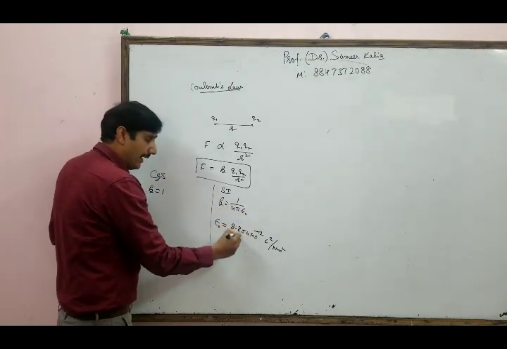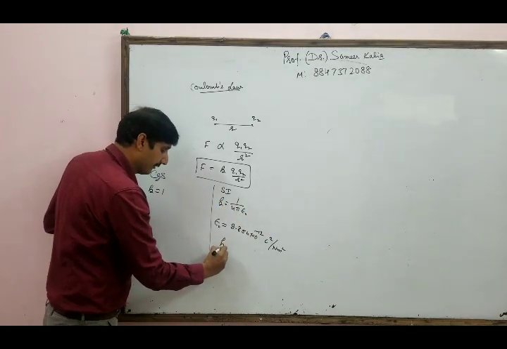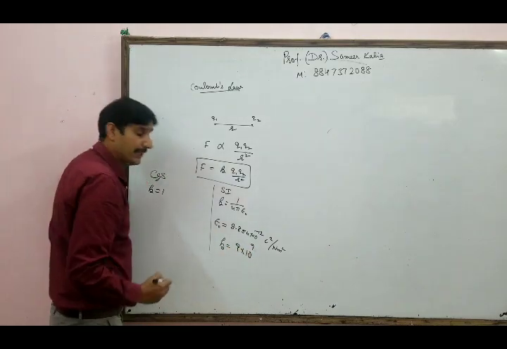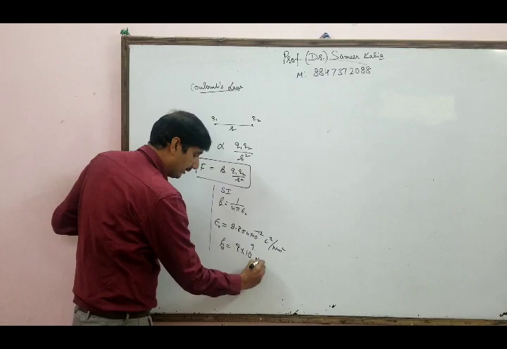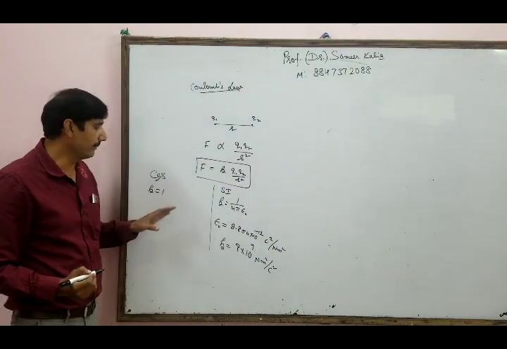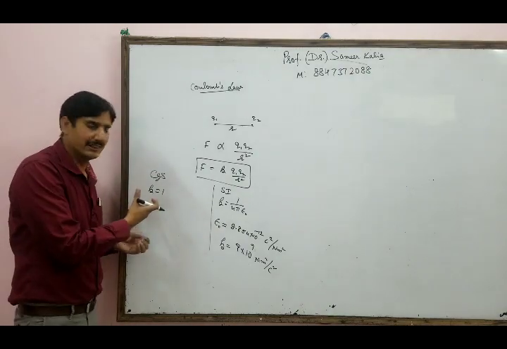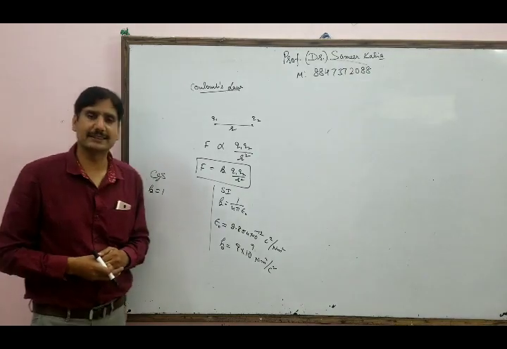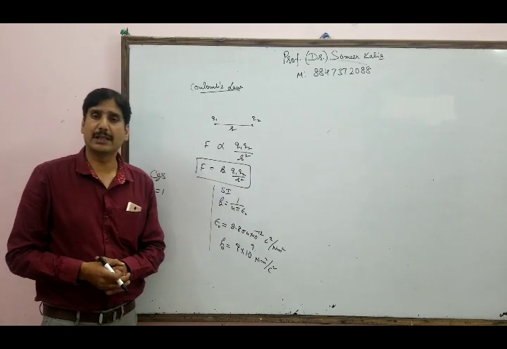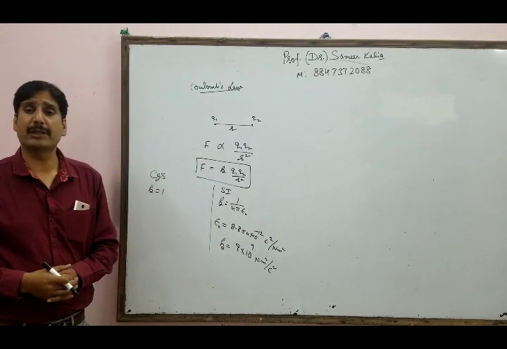Putting this value of epsilon naught, you can find the value of K, which comes out to be roughly 9 into 10 raised to the power 9 Newton meter square per Coulomb square. So in CGS system K is simply 1, and in SI system K is equal to 9 into 10 raised to the power 9 Newton meter square per Coulomb square.